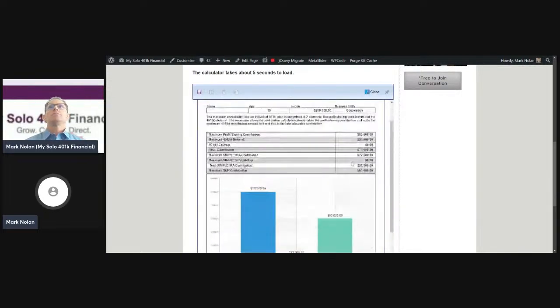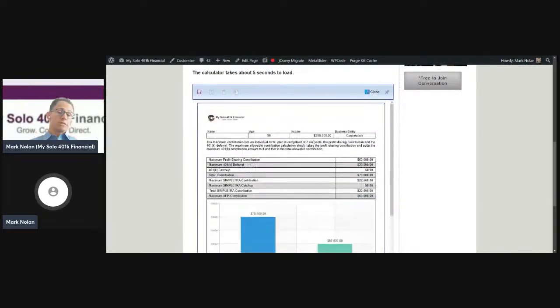Okay, so here, based on $200,000, you can do an employer Roth solo 401k profit sharing contribution of $50,000. So you see that went up $25,000 from the $100,000 W-2 wages we used earlier. Again, it's 25% of $200,000. That's how we got to the $50,000 of Roth solo 401k employer contributions.